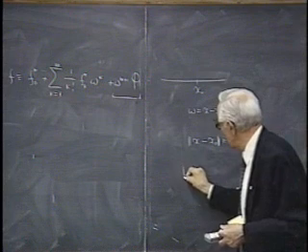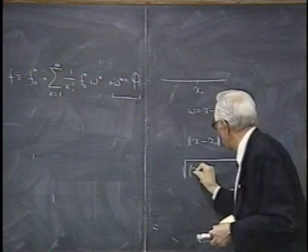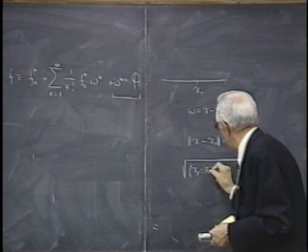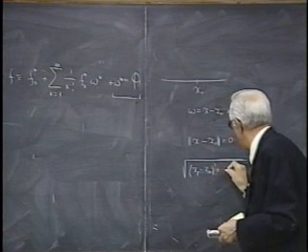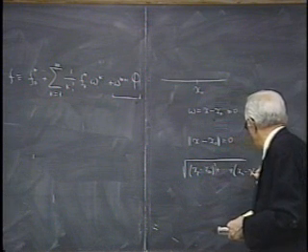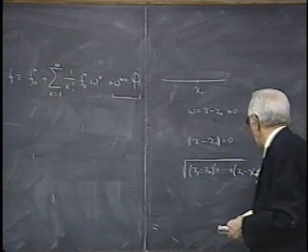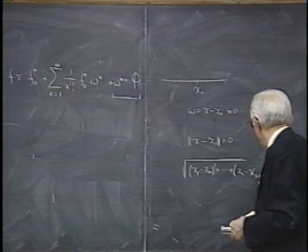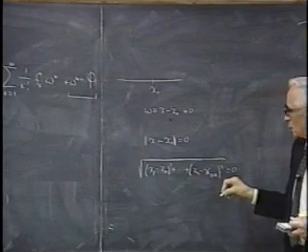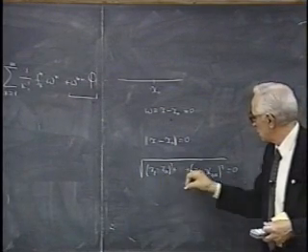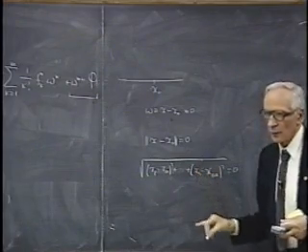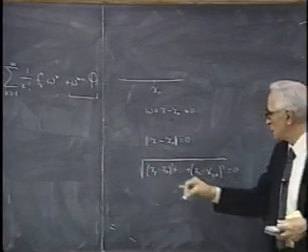This is the coordinate of x sub 0, and these are the coordinates of point x.